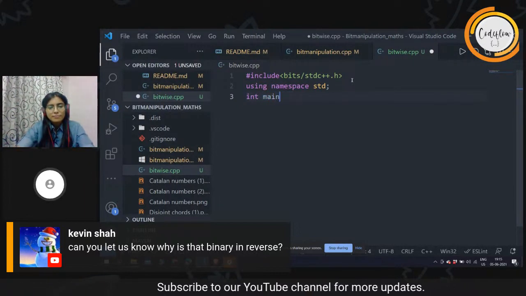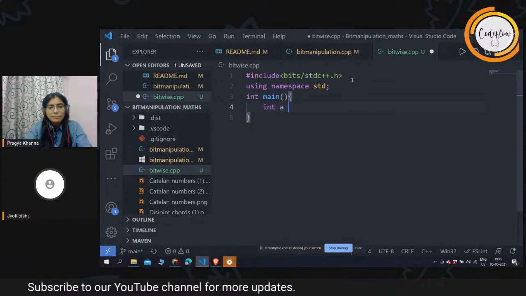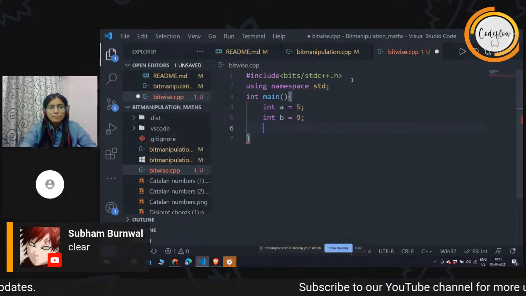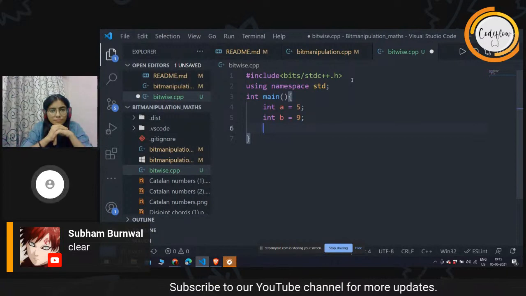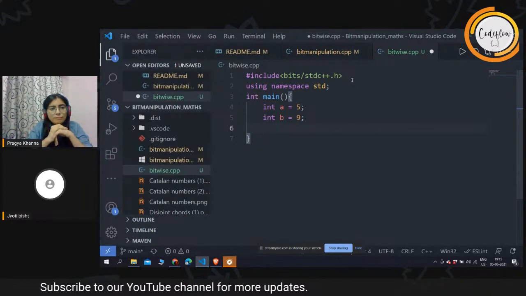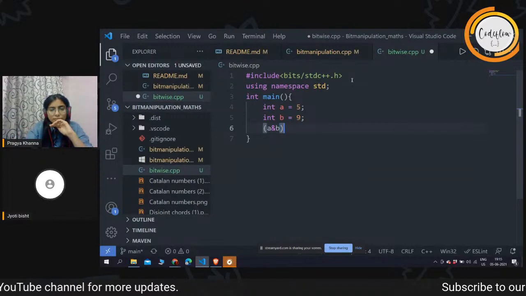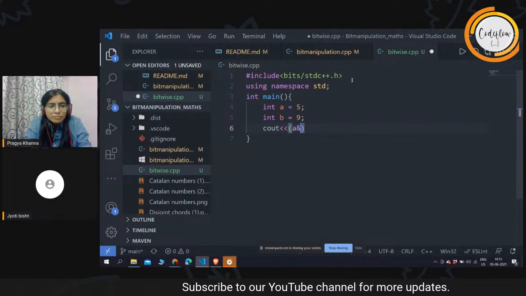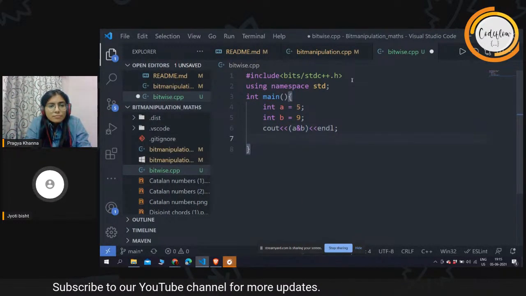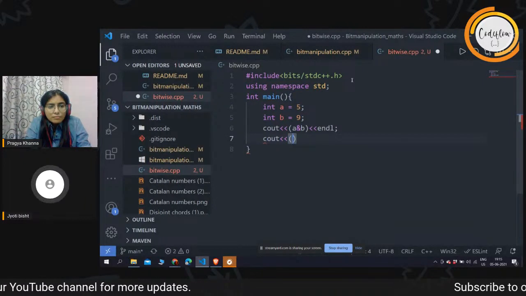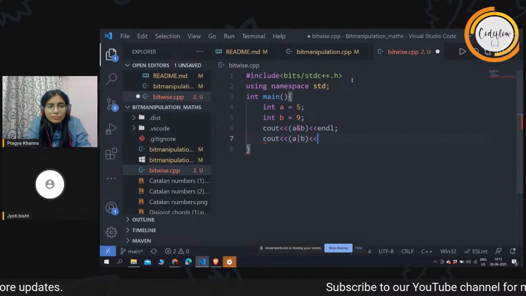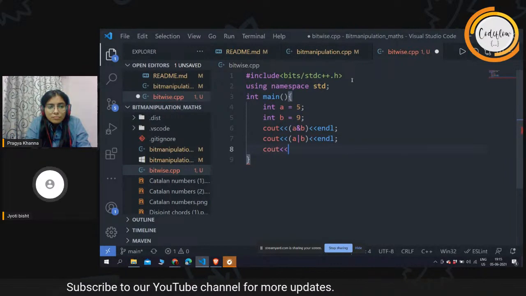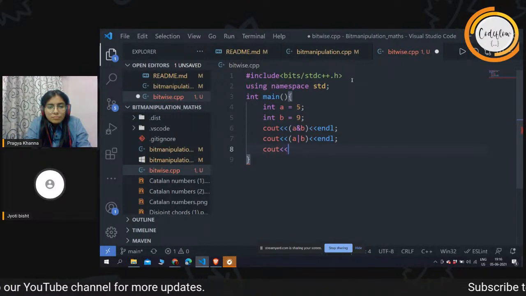And since this time I want you all to answer whatever I am going to ask, I'm going to give you two numbers, A and B. I want you to find the results of some operators on A and B. I highly recommend you have your code editors open in front of you and keep solving the code with me, because today it won't be just a theoretical part. We'll be writing code and understanding with the help of that.